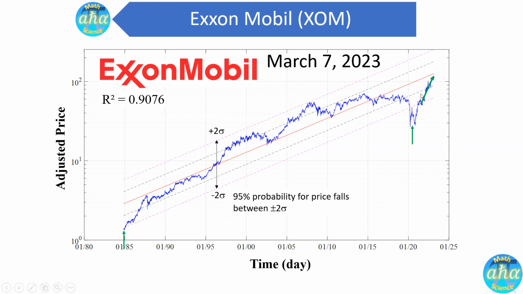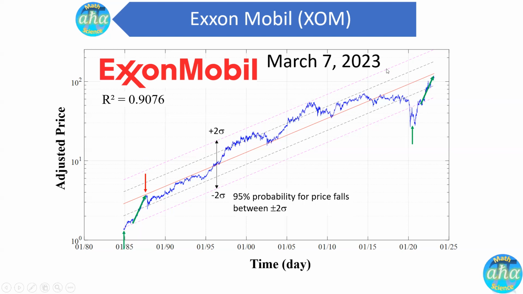This rebound is comparable to the one here, which also started from the negative 2 sigma line and rebounded all the way to the trend line, with the exact same amplitude and the exact same time frame. You can see that it did not stay there too long. It quickly dropped, retesting the negative 1 sigma line, and eventually you had a really long bull market.